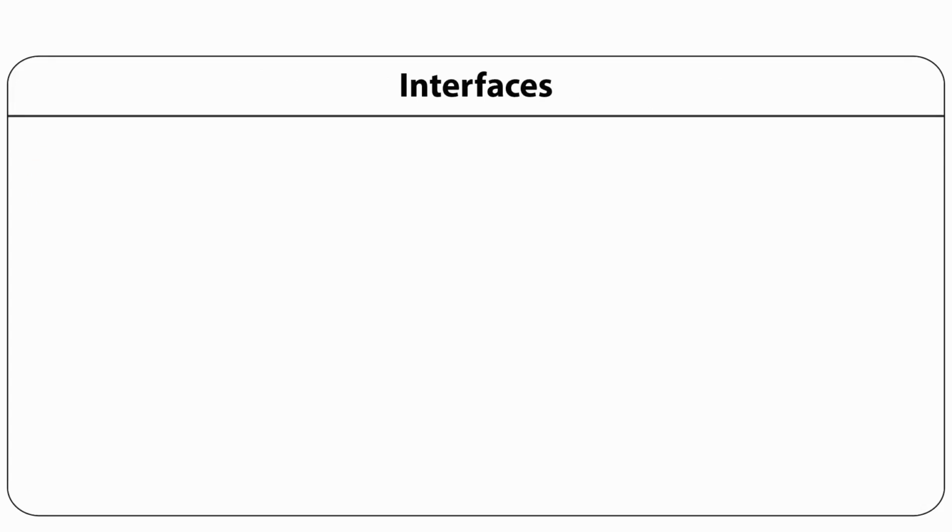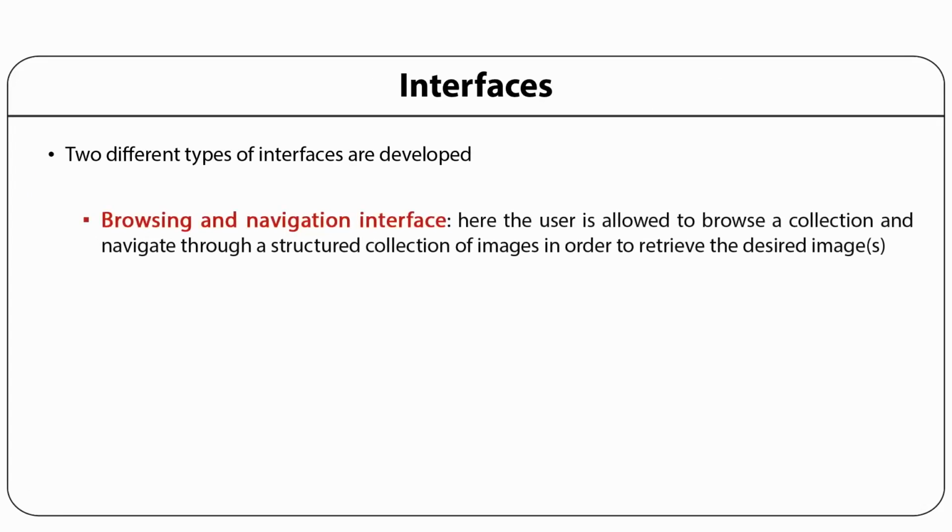If you talk about the interfaces of CBIRs, two different types of interfaces are developed. First is the browsing and navigation interface. Here the user is allowed to browse a collection and navigate through a structured collection of images in order to retrieve the desired image or images.